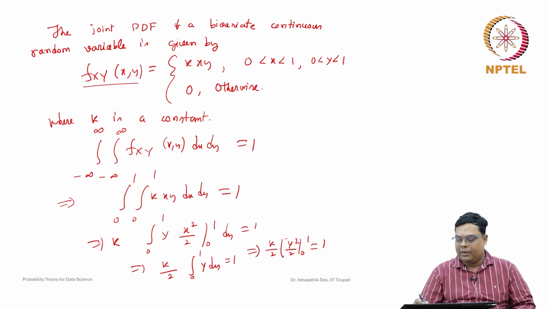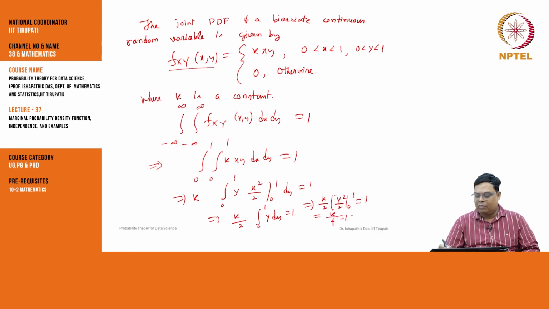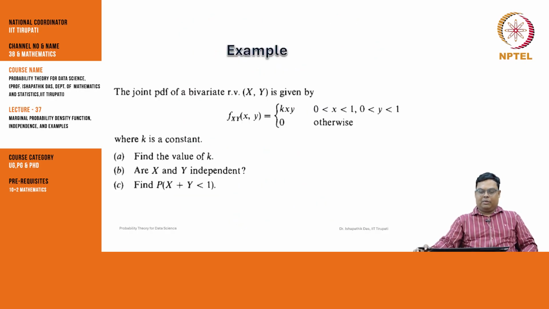Now the integral of y gives k by 2 times y squared by 2 from 0 to 1, which should be equal to 1. With the limits y is 0 and y is 1, we get 1 by 2 minus 0. So, this is nothing but k by 4 is equal to 1, which implies k is equal to 4. So, this value of k should be 4, so that it will be a probability density function.